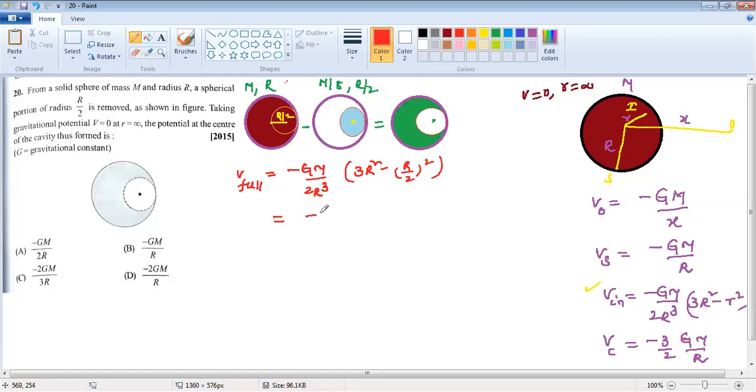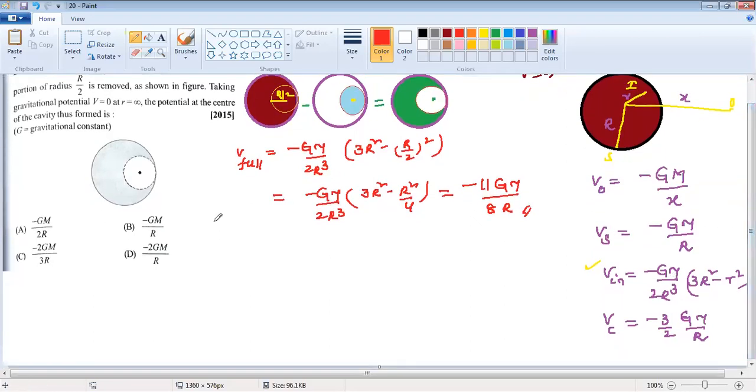Now this is minus GM by 2r cube into (3r square minus r square by 4). So 3r square minus r square by 4 is 4 threes are 12 minus 1, 11. So our answer is minus 11 GM by 8r, as r square and r cube cancel. Please concentrate on the calculation.